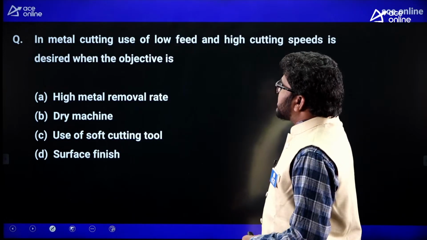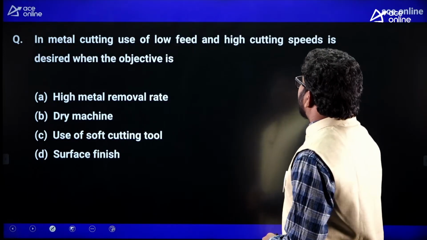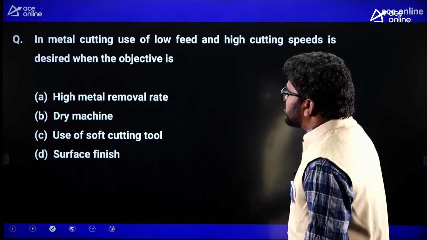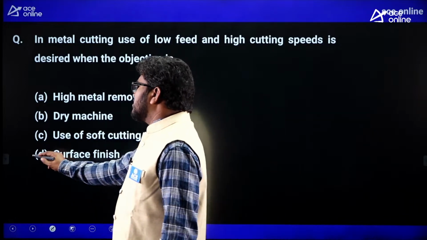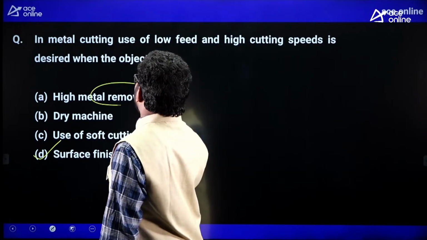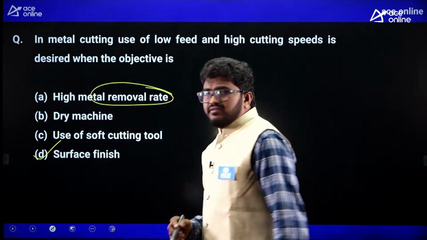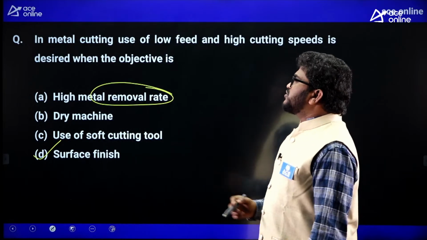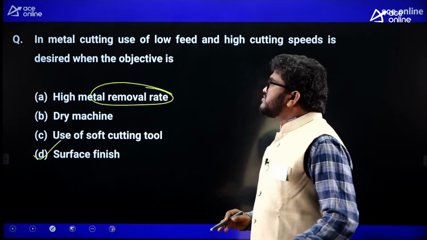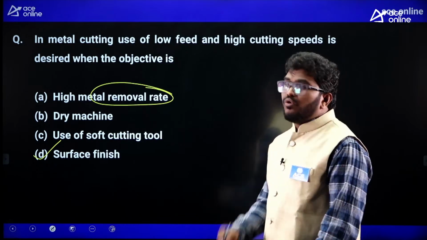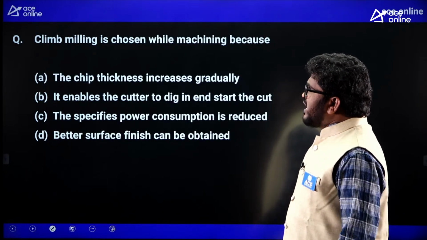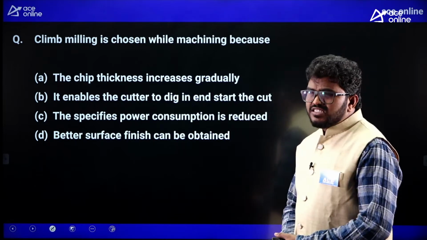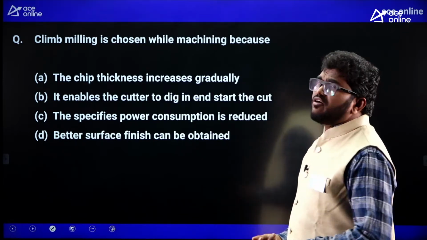Next, in metal cutting, use of low feed and high cutting speeds is decided when the objective is to get a good surface finish. Listen, if you want to get a high material removal rate, the feed should be high, right? So if you want to get a smooth surface finish, the feed should be low and high speed is required, right? And climb milling is a non-conventional milling operation.